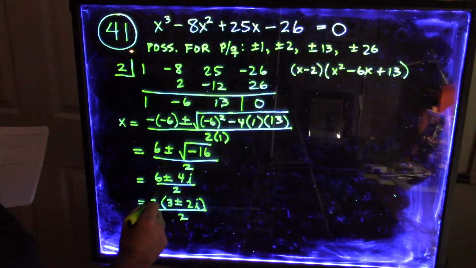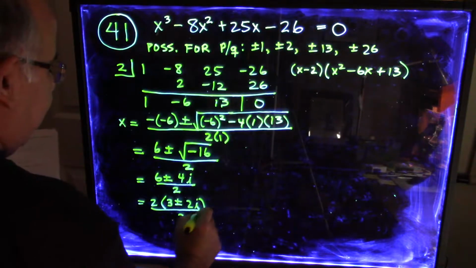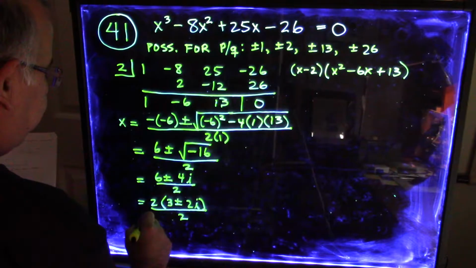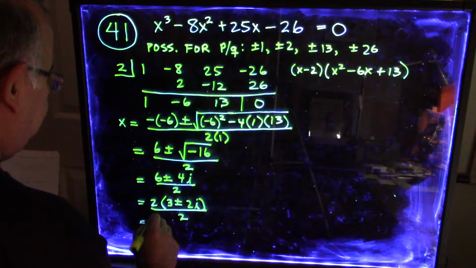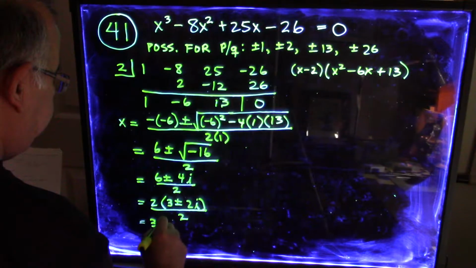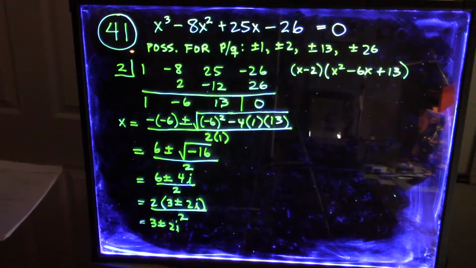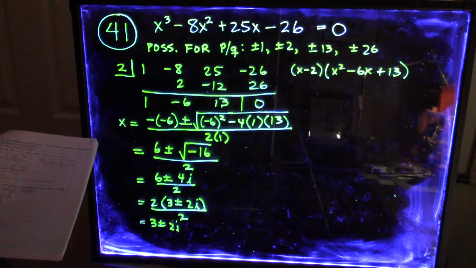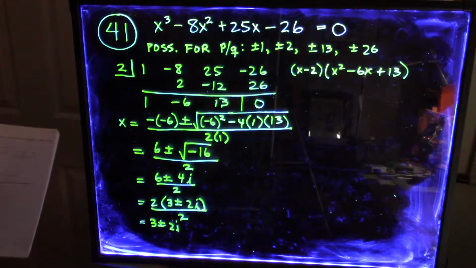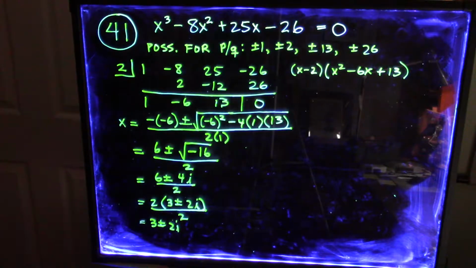Now we can cancel the 2's out. And finally you end up with 3 plus or minus 2i. Alright, so the zeros are 2, 3 plus 2i, 3 minus 2i.